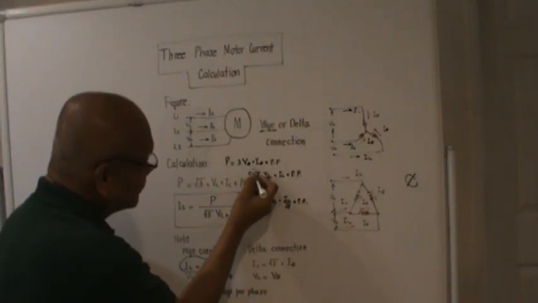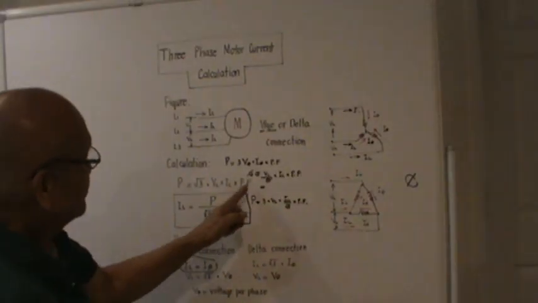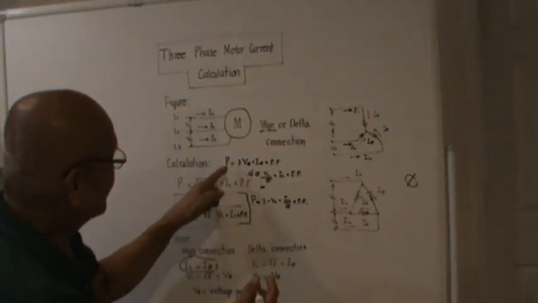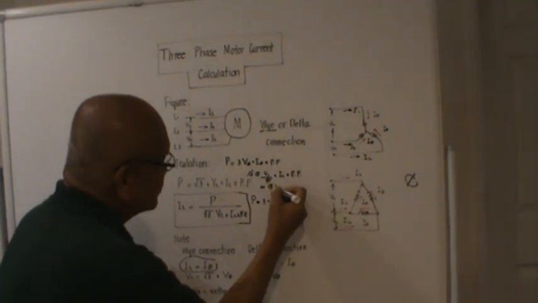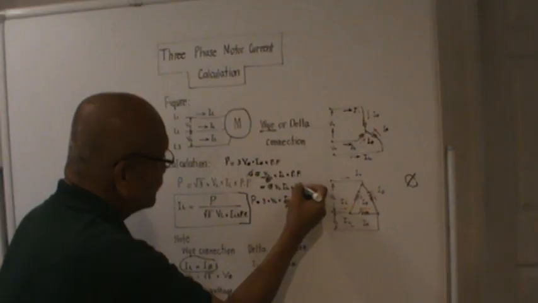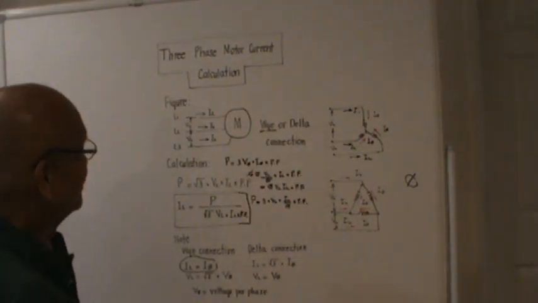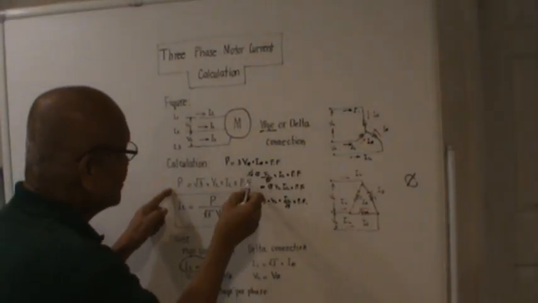So this square root of 3 here cancels with this. So what comes out now for the total true power will be square root of 3 times the product of the line voltage times the line current times the power factor. That is for a Y connection. So actually what we derived is this one here.